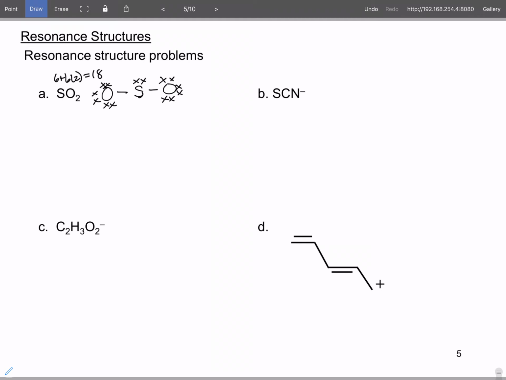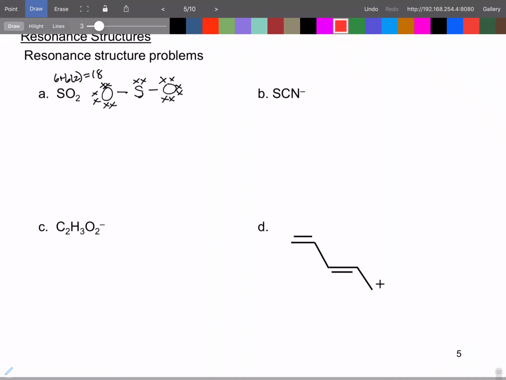In this particular case, and I'm going to color code it, we could take a pair from this oxygen, and so we get oxygen double bond sulfur, oxygen. Remember, when you write the full structure, you've got to include all the other electrons.